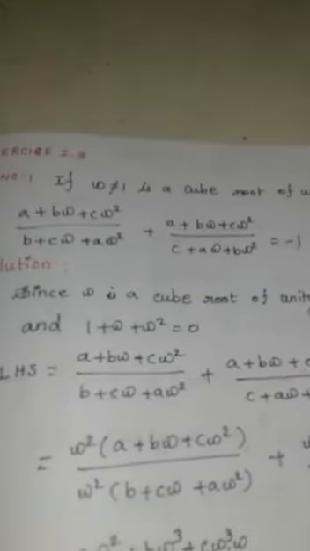Since omega is a cube root of unity, we have omega cube equal to 1. We know that. And 1 plus omega plus omega square equal to 0.